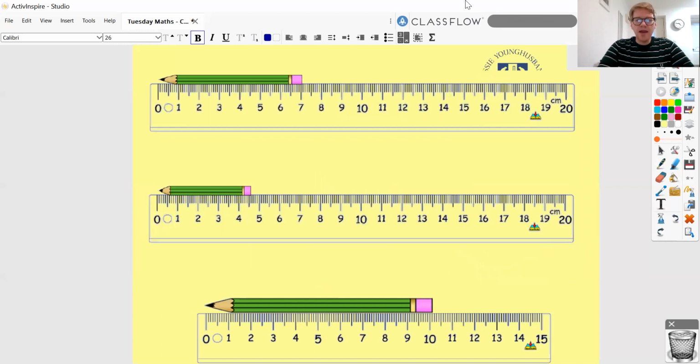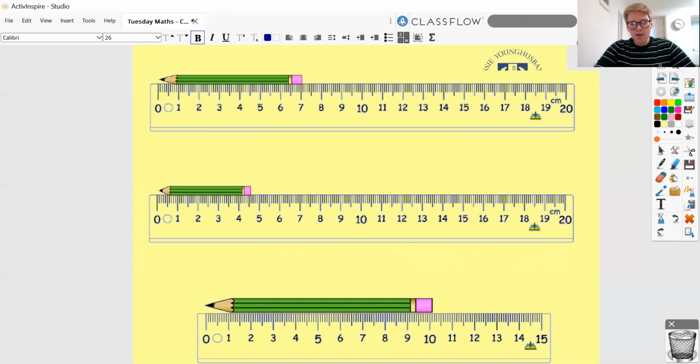So let's look then at how we can actually measure things. I'm sure when you began your discussion on this, lots of you mentioned the idea of a ruler, because this is something we have used in school before. You're probably most familiar using a ruler to underline things and to draw a straight line, which is obviously one really good use of them. But another really important use of a ruler is being able to measure things.